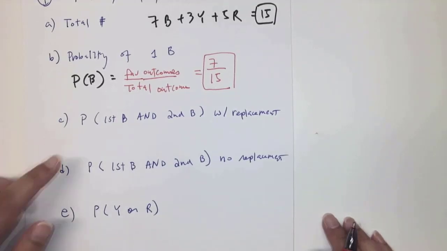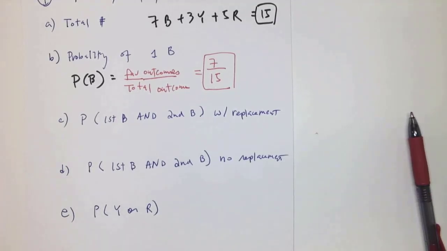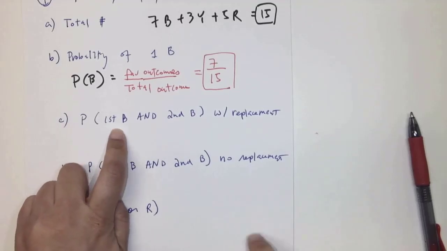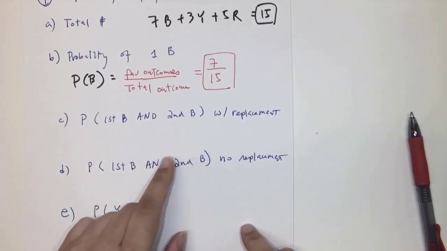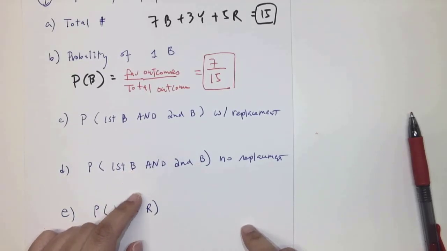Okay, so this is actually the notation I want you to use on the test. It's like P with parentheses, and you describe what's going on. So you should write like that on the test. Part C says first is blue and second is blue. For the "and" probability, what kind of operation do we do?